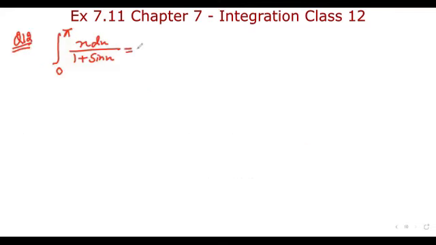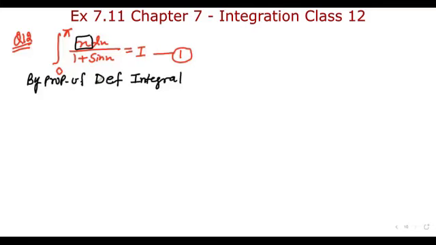In questions where we have x in the numerator and we have decided to apply the property, we should remove this x. And the trick is that we can apply the property of definite integral. We have used this in many questions. So by the property of definite integral, I'm replacing x with pi minus x.